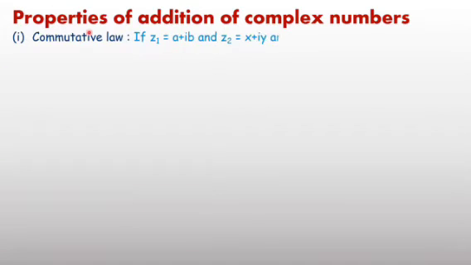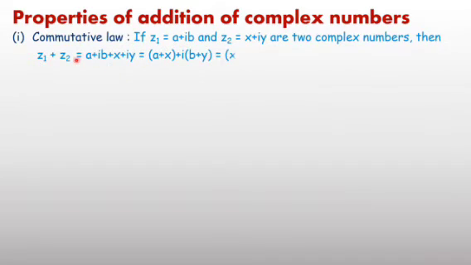Then some properties of addition of complex numbers. First property, commutative law. If any two complex numbers Z1, Z2 are given, then Z1 plus Z2 is the same as Z2 plus Z1. Z1 plus Z2 written here.